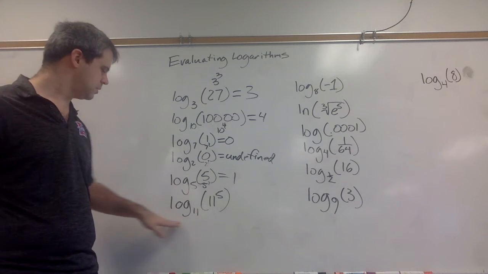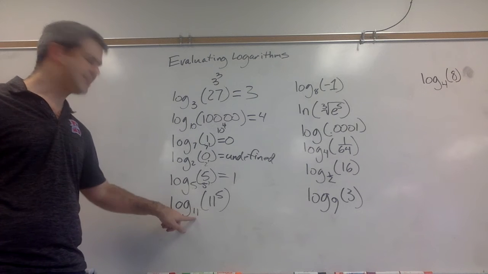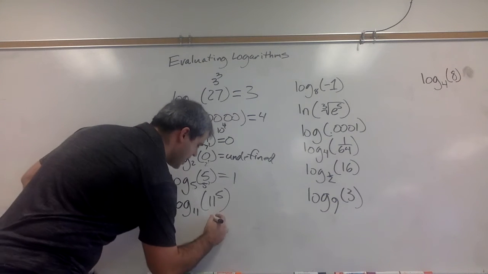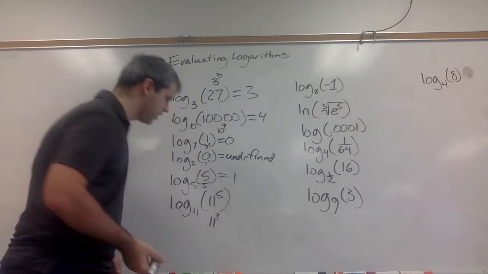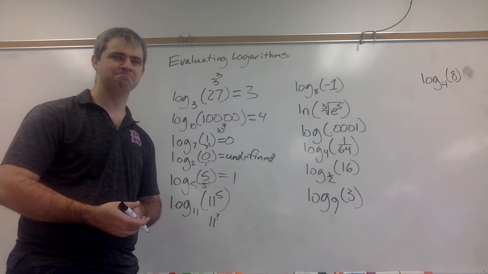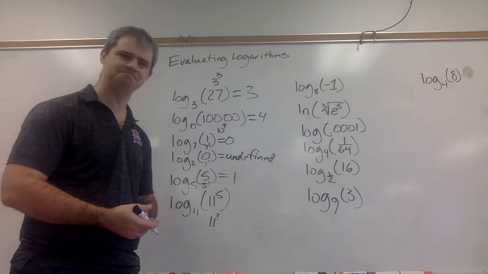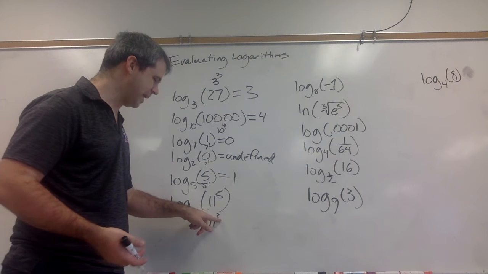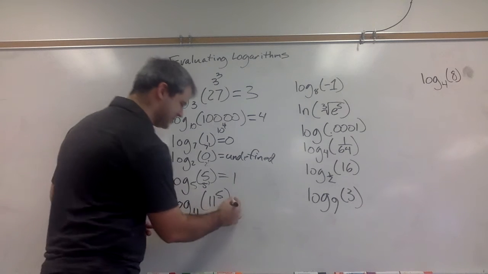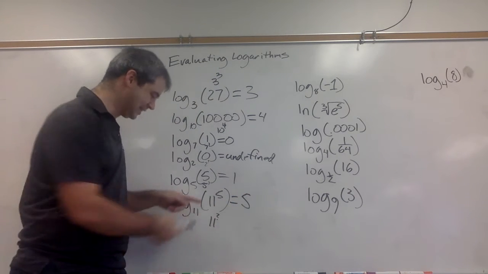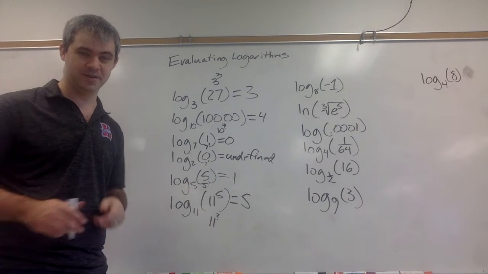So let's look at this. My base is 11. So I'm asking, 11 to the what power is 11 to the 5th? Well, it's 5. I literally already had it in that form.